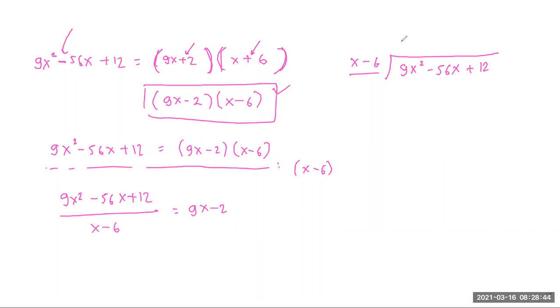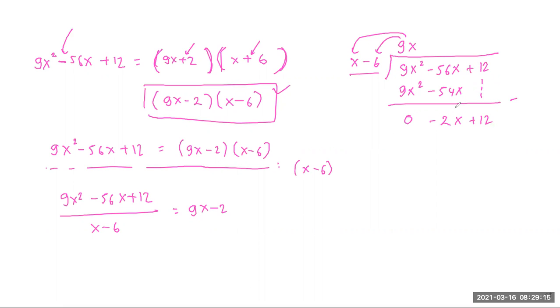So I will multiply by 9x. 9x multiplied by x will be 9x squared, because I need to eliminate the first term first. And then I multiply this, it becomes negative 54x, right? And then always subtraction in long division. So this one is gone, 0. This one is negative 56 minus negative 54, so it is negative 2x, right? And then this one drops, plus 12.